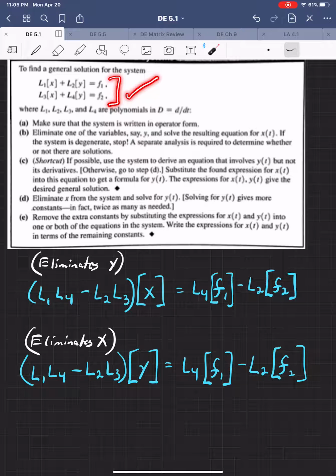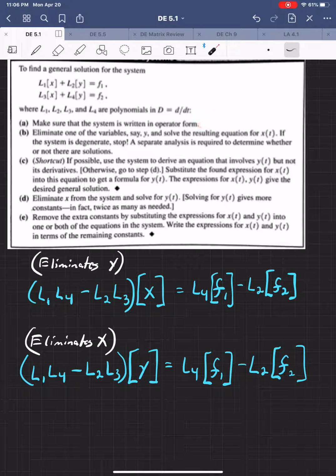You'll now get to see more of the value of why the differential operator notation is helpful. Again, we have L1, L2, L3, L4, these are the D notation for differential operators. So the idea for this problem is first to get it in operator form.